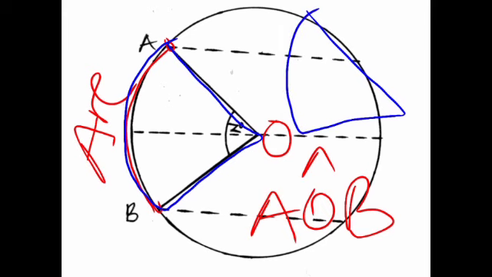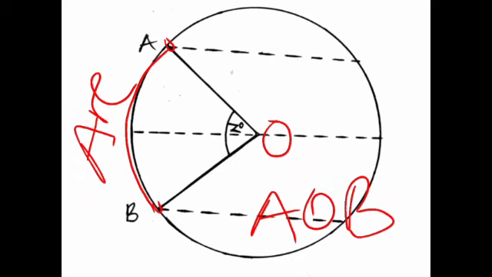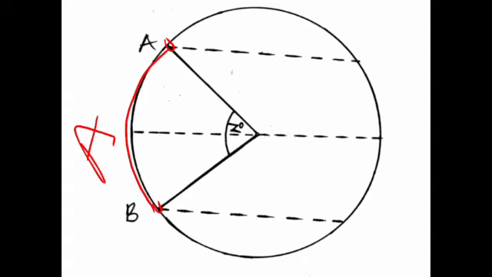So how do we calculate the length of the arc of a sector? Let's get into understanding how we can calculate this distance here. It's a very simple concept which we already did in mensuration.